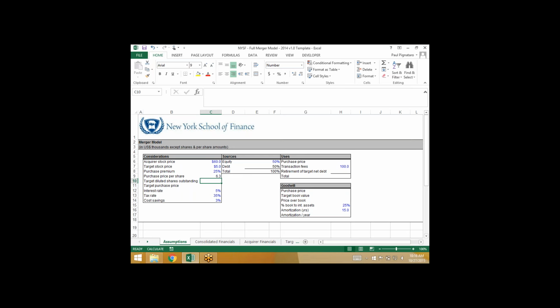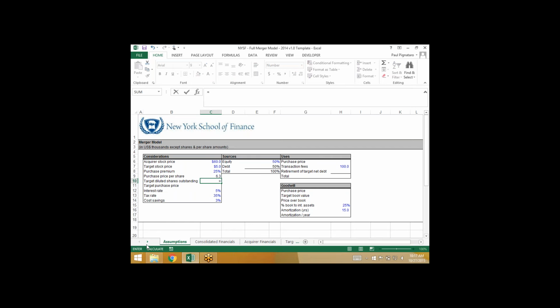To get the purchase price, we need to multiply that by the number of shares outstanding. Where do we get that? But I mean in the model. Whose? Target. What count of shares? Fully diluted.